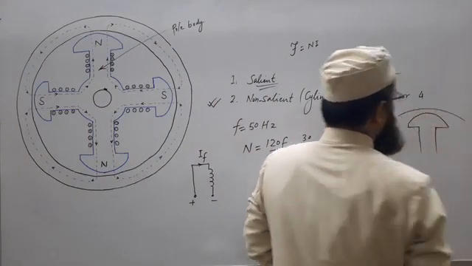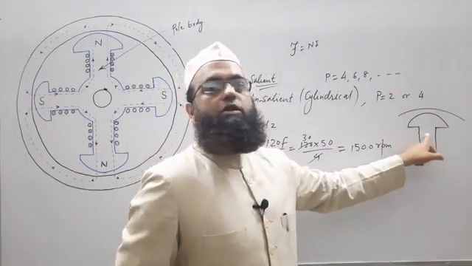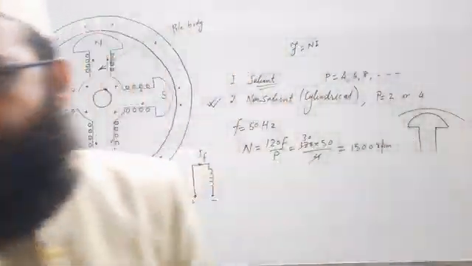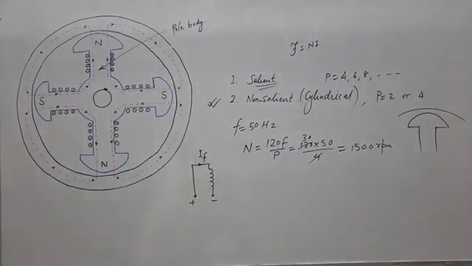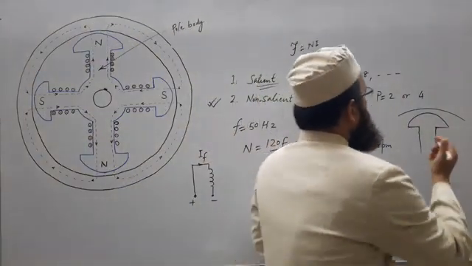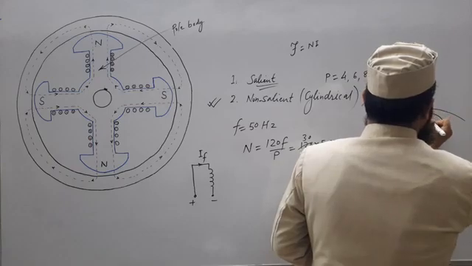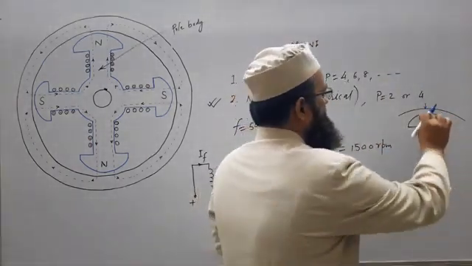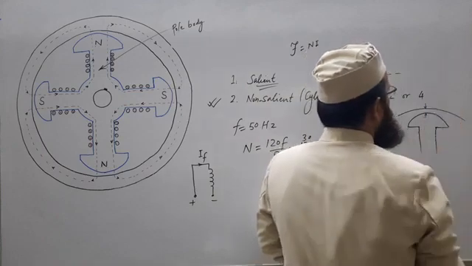See, this is a stator and I am showing one pole. Here you can observe that the air gap in the center is minimum. Why I am doing this will be explained later. First observe that the air gap in the center is minimum.